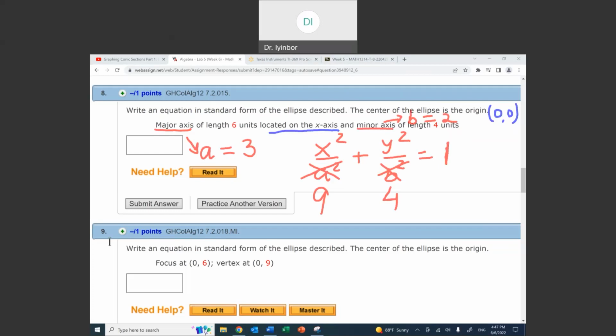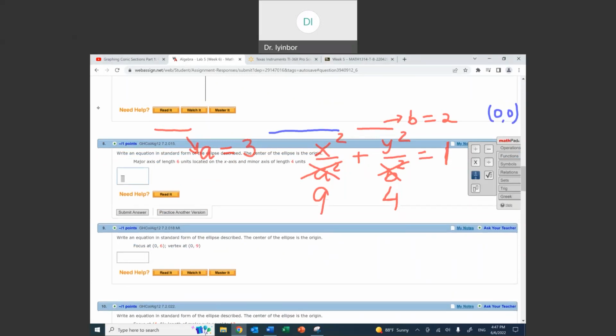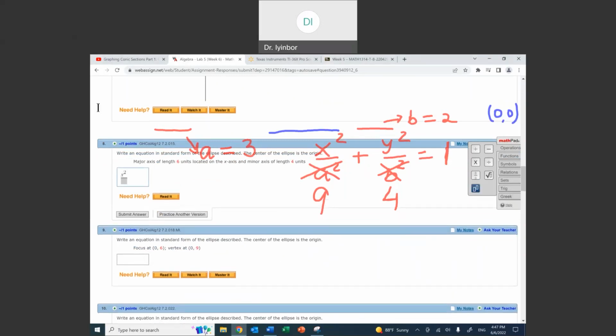So let me show you how to plug it in. When you plug it in, you're going to press on the fraction. I'm going to make it small to look at my fraction. You put x, make it square, over 9. Then you have to get out of the fraction, put plus.